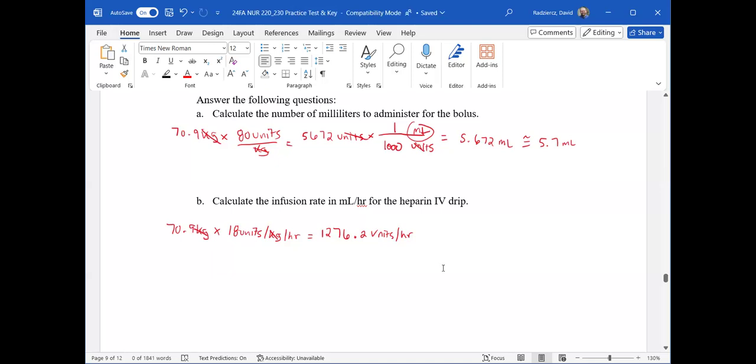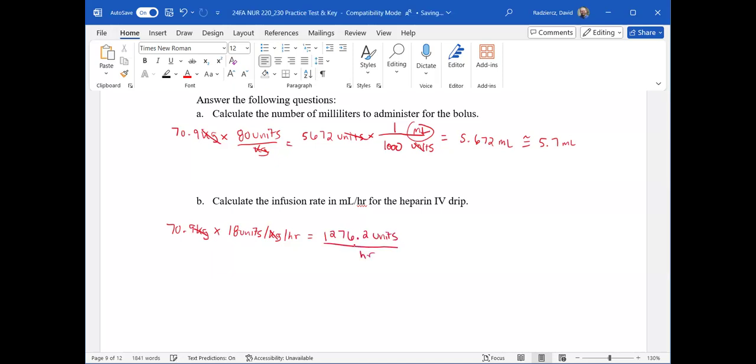So I might just, for keeping things simple for myself, say units per hour. 1276.2 units per hour.